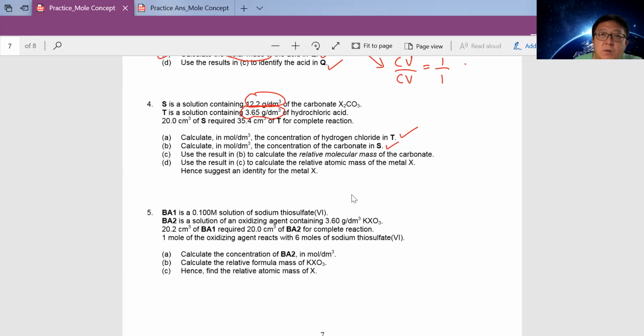So in this question I'm going to teach you a secret trick. Can you see this? What's so special? You can see this X2CO3, right? X2CO3 means what? X2 plus CO3 2 minus, or is it X plus CO3 2 minus?